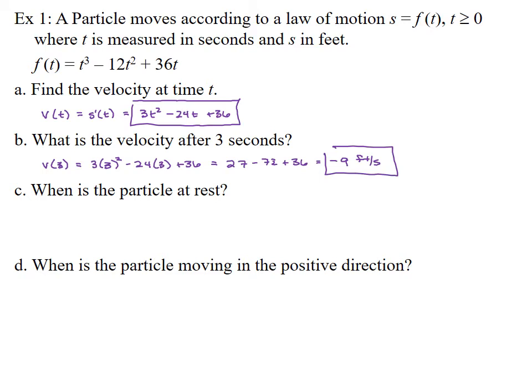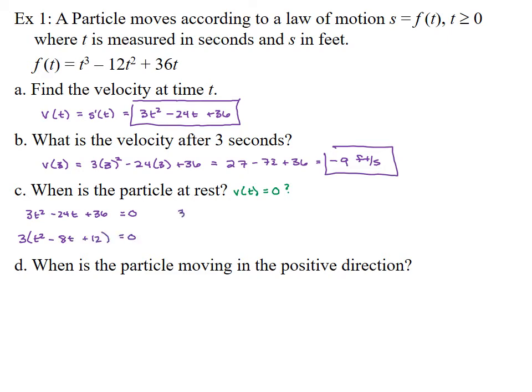First new thing, when is the particle at rest? The particle will be at rest when it has no velocity, so we want to know where v of t is equal to 0. I'm going to take my velocity function, 3t squared minus 24t plus 36, and set that equal to 0. All 3 terms have a 3 in common, so if I factor a 3 out, that would be t squared minus 8t plus 12 equals 0.